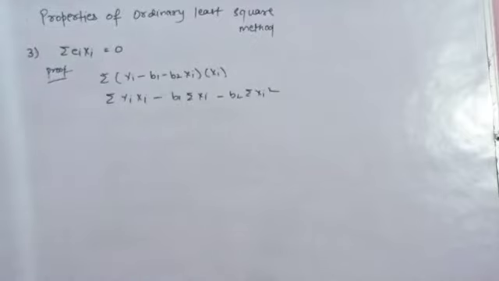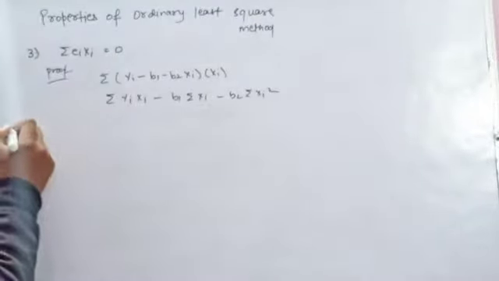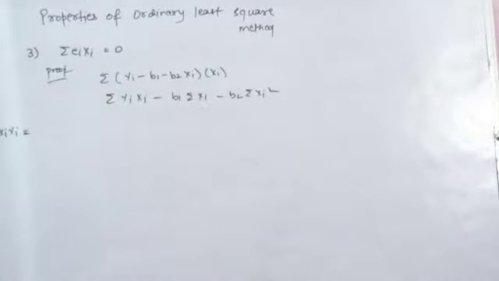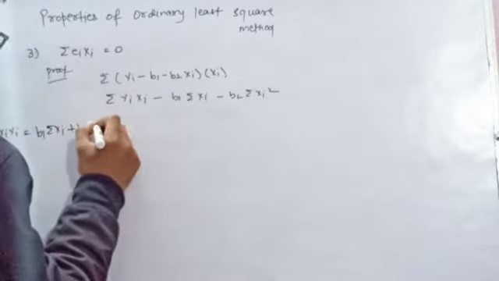While calculating the values of b1 and b2 by the ordinary least square method, we have to minimize the summation ei square, and we come out with the two normal equations. The second normal equation is summation xi yi is equal to b1 summation xi plus b2 summation xi square.